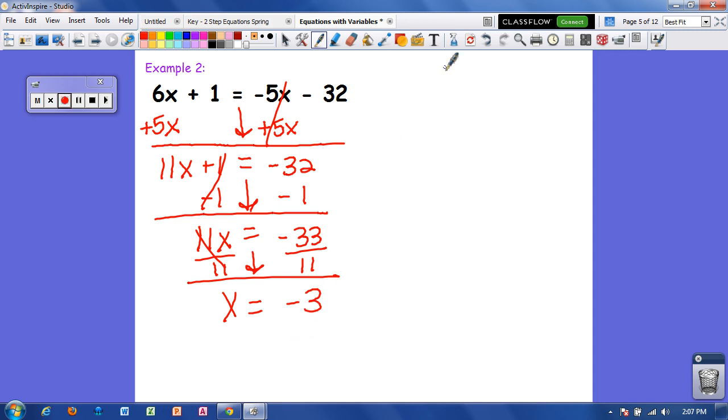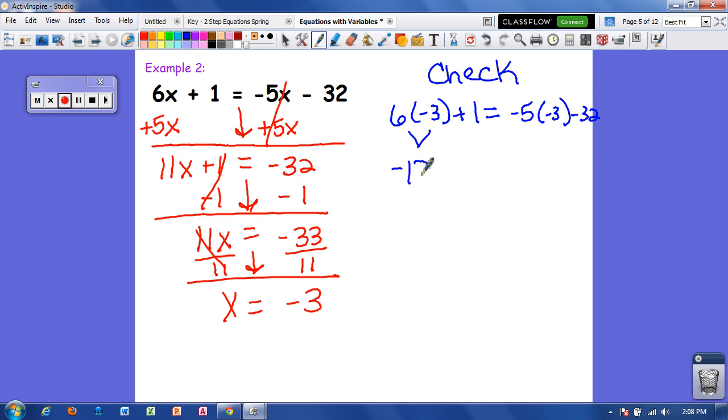Now I have to check the answer. So I'm going to take negative 3 and I'm going to plug it in for every x that I see in the original equation. So 6 times negative 3 plus 1 should equal negative 5 times negative 3 minus 32. 6 times negative 3 is a negative 18.